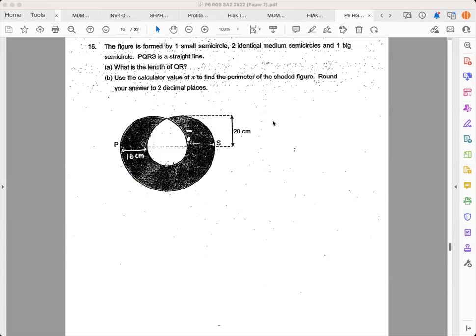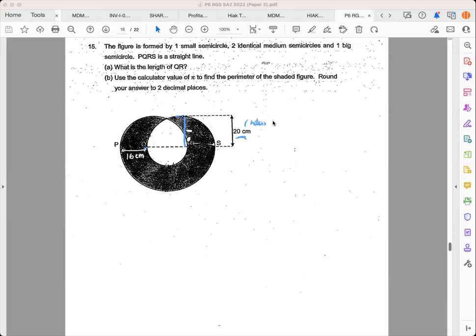But one thing for sure, we notice that this 20 centimeter, which is from the middle of the line that splits the semicircle into half to the circumference, will give you the radius of the medium semicircle.